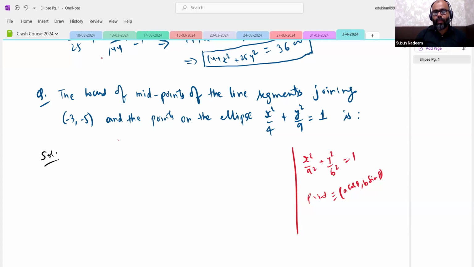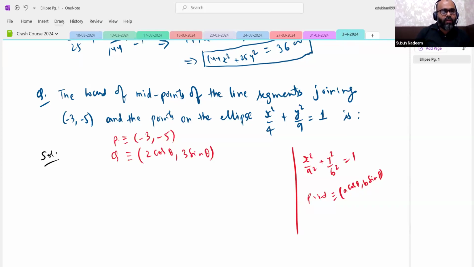Here a is 2 and b is 3, because it is 2 square, this is 3 square. So we can take that point, suppose Q point, as 2 cos theta comma 3 sin theta. And the one point which is already given, let us call it P point, is -3 comma -5.